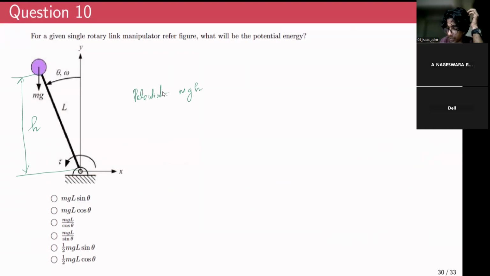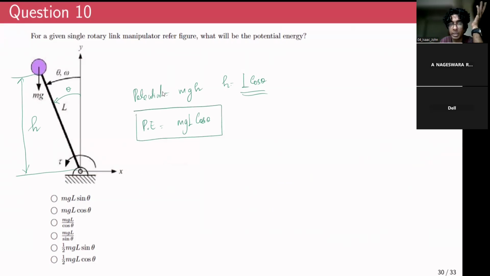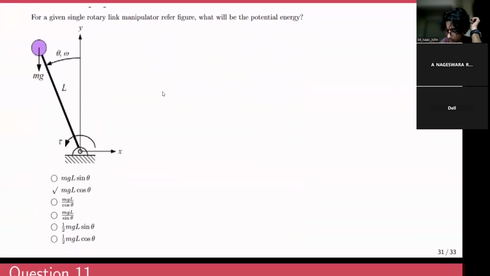So from this basic relation, h is nothing but L. If this angle is theta, h would be L cos theta. Right? So potential energy would be mgl cos theta, expressed in terms of that generalized coordinate theta. So I believe the answer is mgl cos theta. Yes.